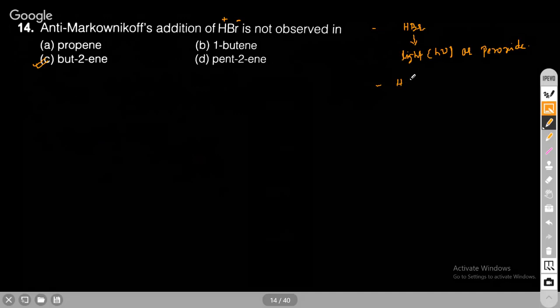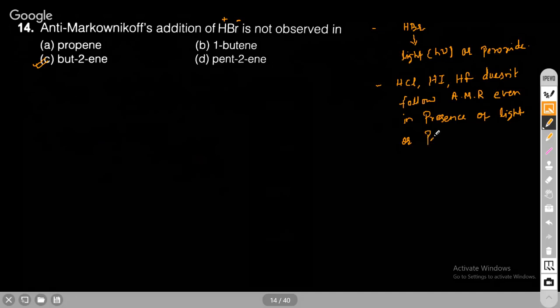Addition of HCl, HI, HF does not follow the anti-Markovnikov rule even in presence of light or peroxide, right?